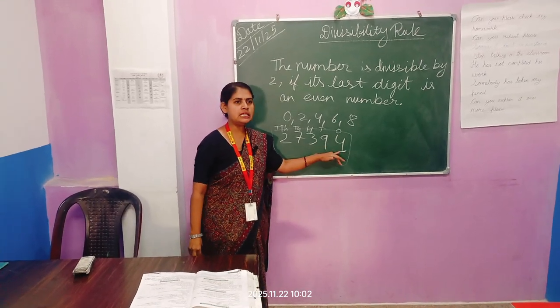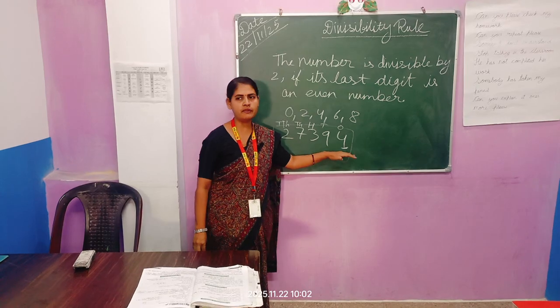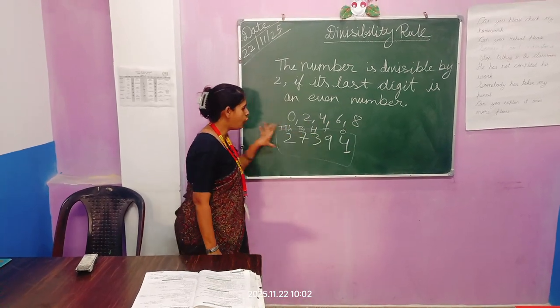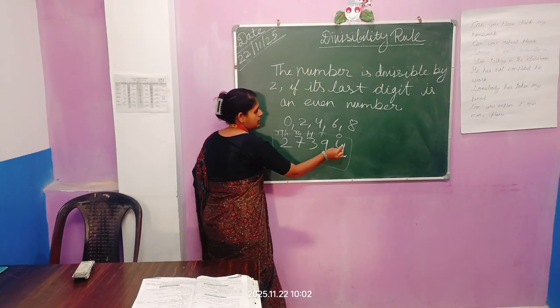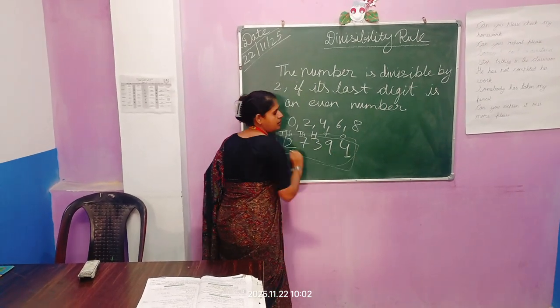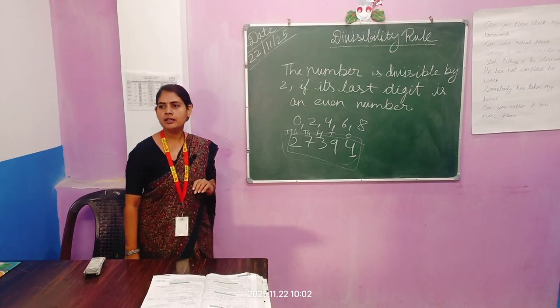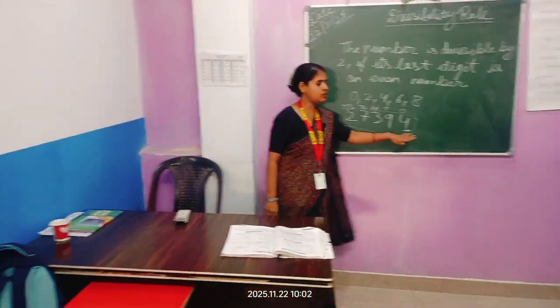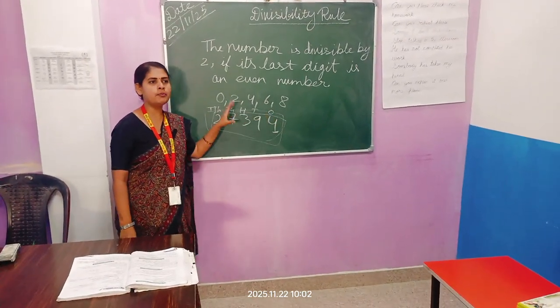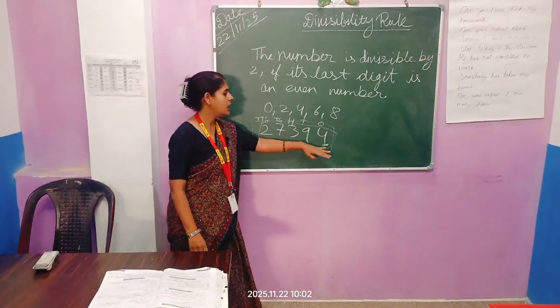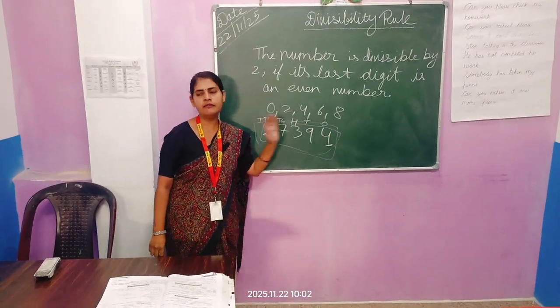If there is an even number on the ones place, that means the whole number is even, so this number is divisible by 2. Why? Because at the last of this number there is an even number. So this number will be completely divisible by 2 because there is an even number at the last place.